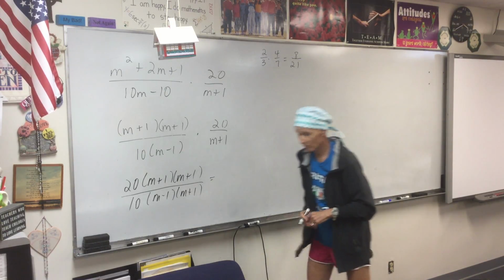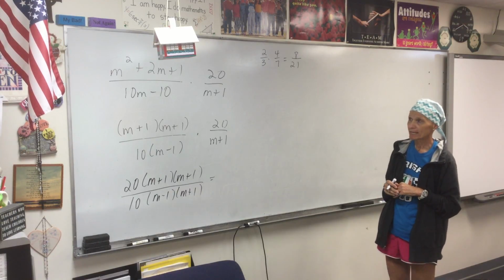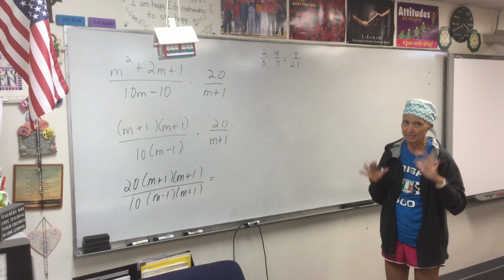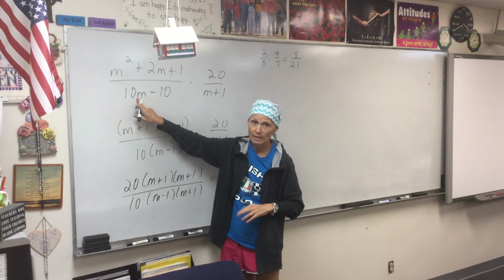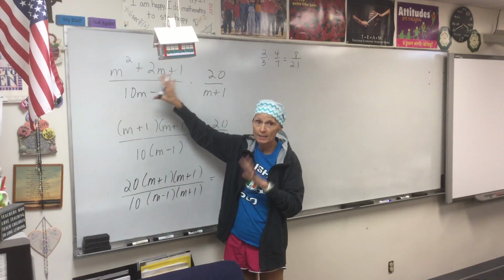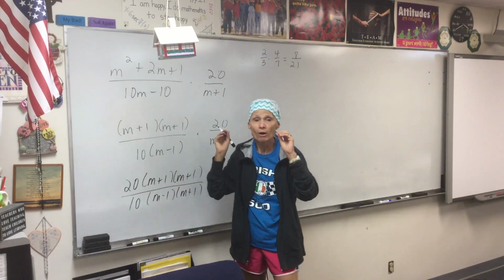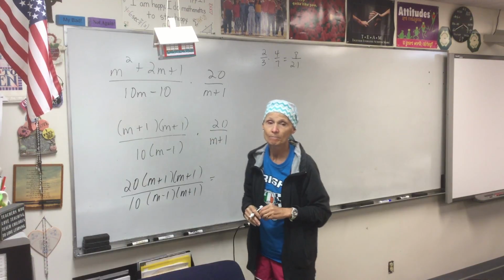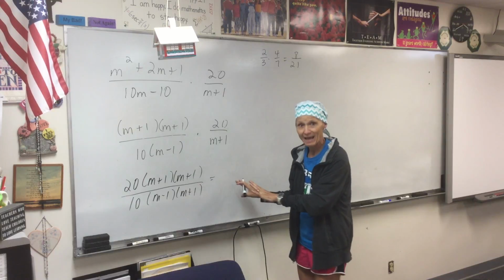Now, everything is factored. I am allowed to start canceling. Now, again, keep in mind, back here, I had m's over m's. I could not cancel at this point because you are never allowed to cancel unless you factor first. So I'm all factored.